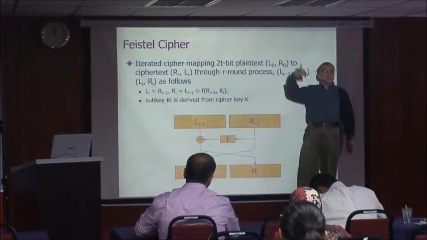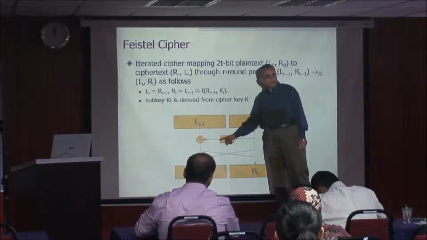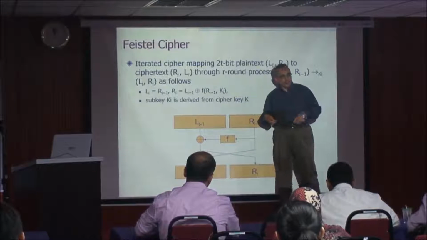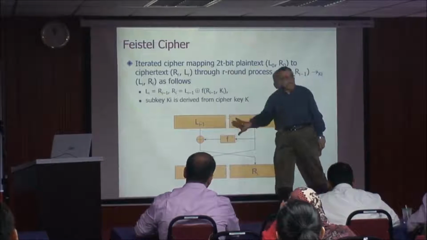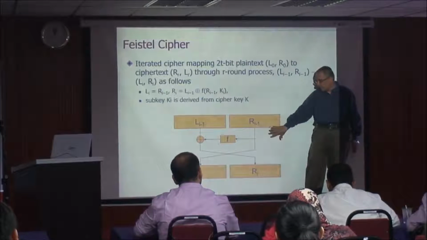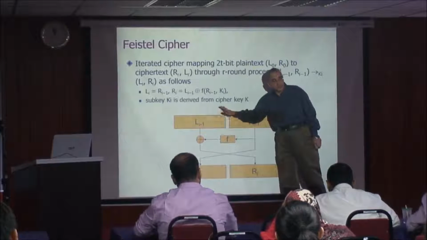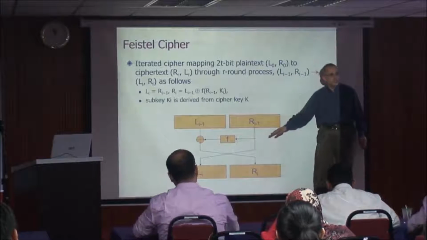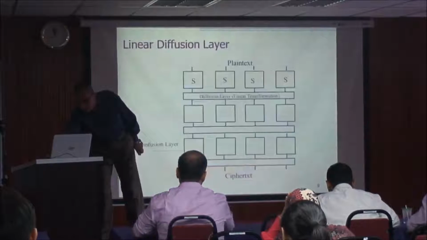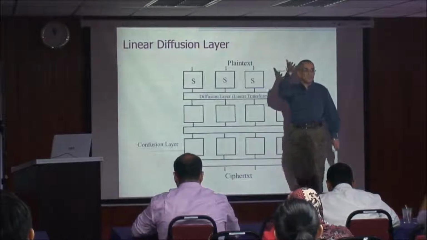I can actually use the SPN structure that I showed to you to build this. I'm just decomposing my architecture so that I can use this. One of the main advantages of the Feistel structure is that f doesn't have to be invertible in order for the overall structure to be invertible. If you look at the SPN structure that I just showed you, remember when you do encryption, you have to be able to do decryption.